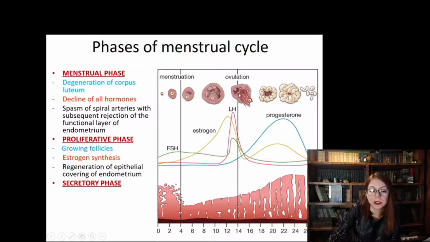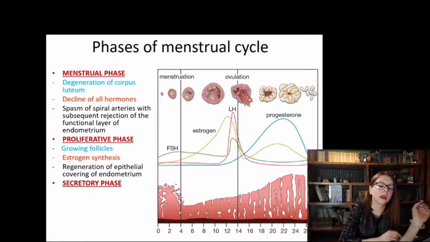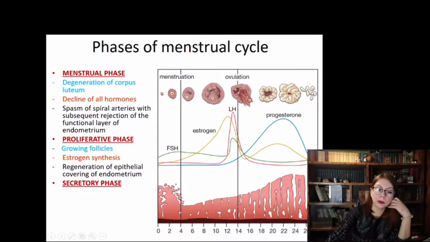And starting from this period, all other follicles undergo atresia, while this follicle transforms into the yellow body. So during the next phase, secretory phase, we can find in the ovary the yellow body, but no growing follicles, because follicles undergo atresia.